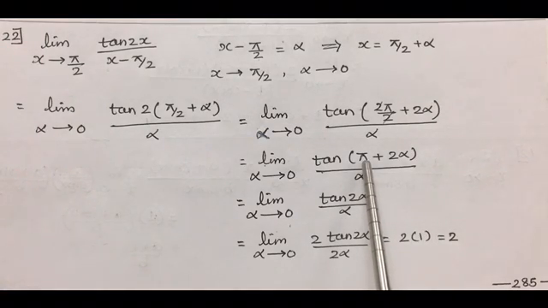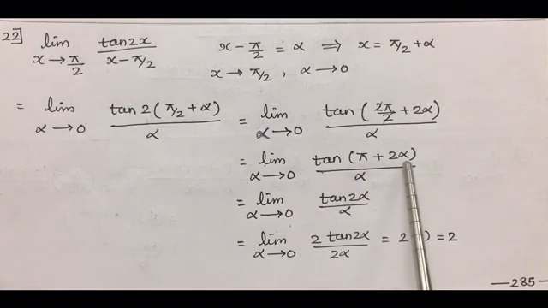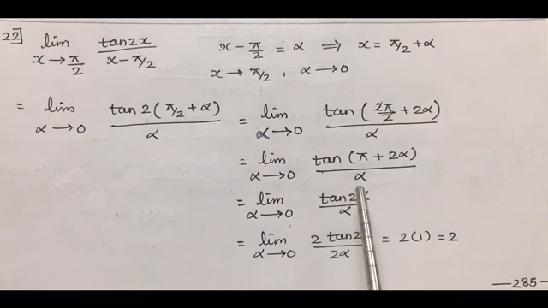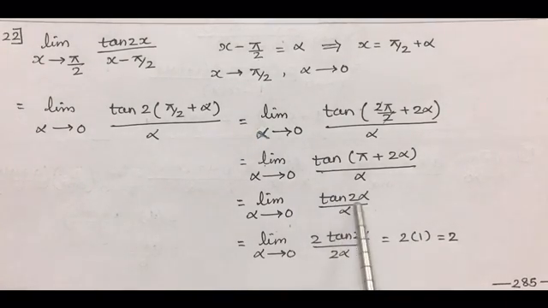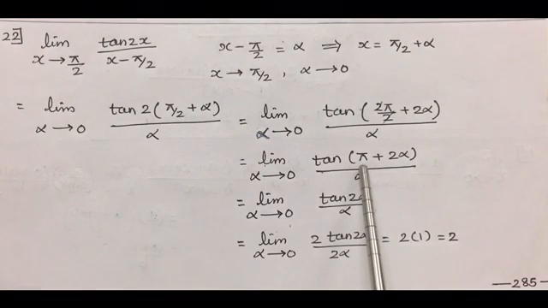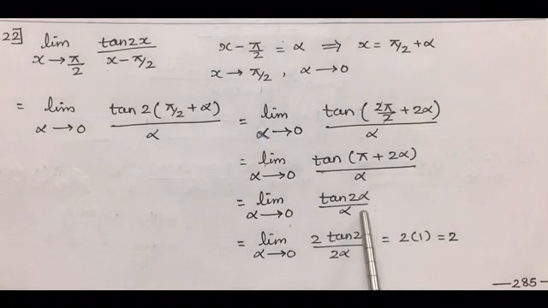Now pi plus 2 alpha will be lying in third quadrant, and in third quadrant tan is positive. So we will get tan 2 alpha divided by alpha.